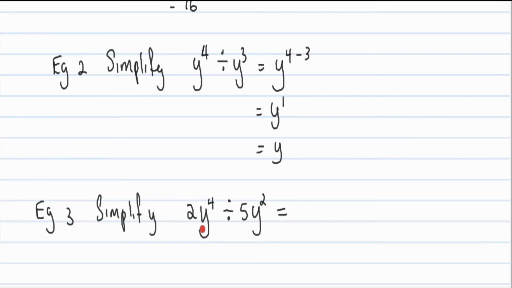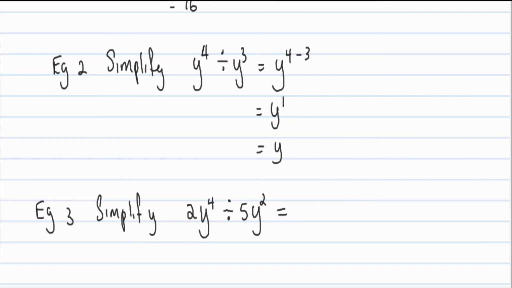So in example 3, we have 2y to the power of 4 divided by 5y squared. Now the 2 and the 5, they can't cancel. They are not the same base, but the y to the power of 4 and the y to the power of 2, they have the same base. So there we can subtract the powers.